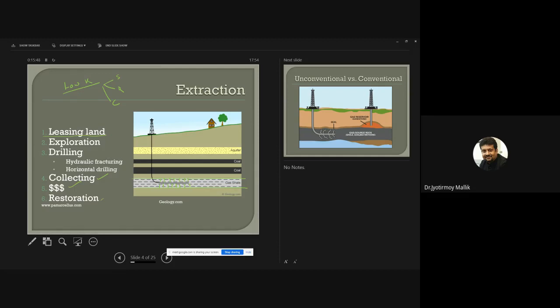Wherever you have source rock, that is where you find the hydrocarbon. Hence it becomes the reservoir, and you don't essentially need a cap rock because it is so tight that the hydrocarbon cannot escape. The migration rate is so slow compared to the conventional system. So the same rock acts as source rock, reservoir rock, and cap rock, because the permeability is extremely low.